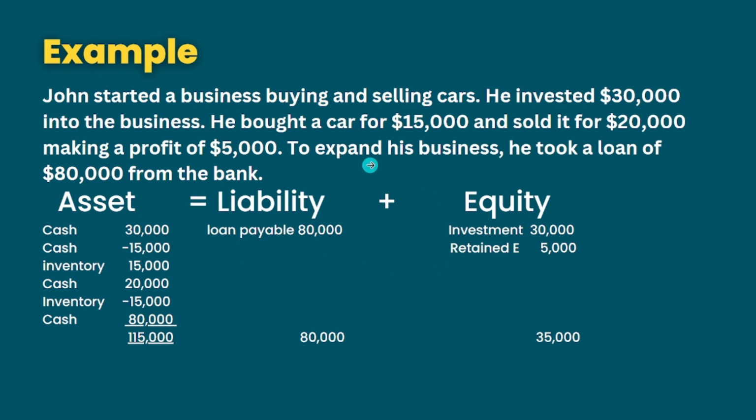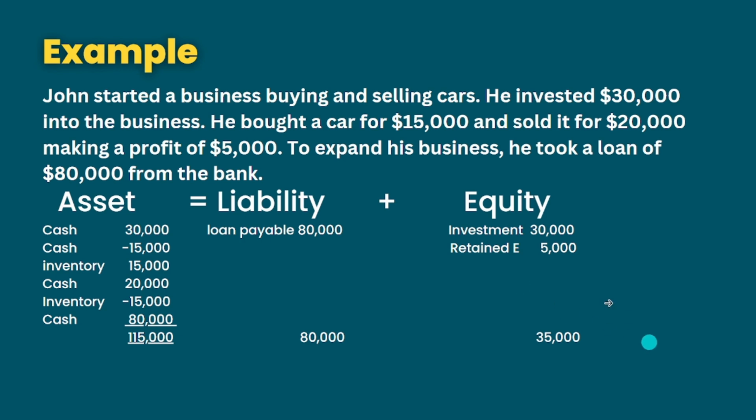And the profit, as we know, retained earnings is calculated by the retained earnings brought forward from the previous year plus the profit or loss from the year, minus any dividend or drawings as you may call it.